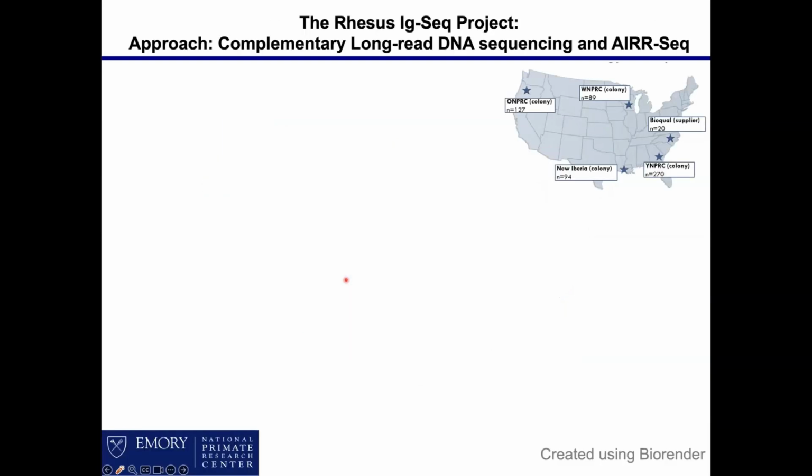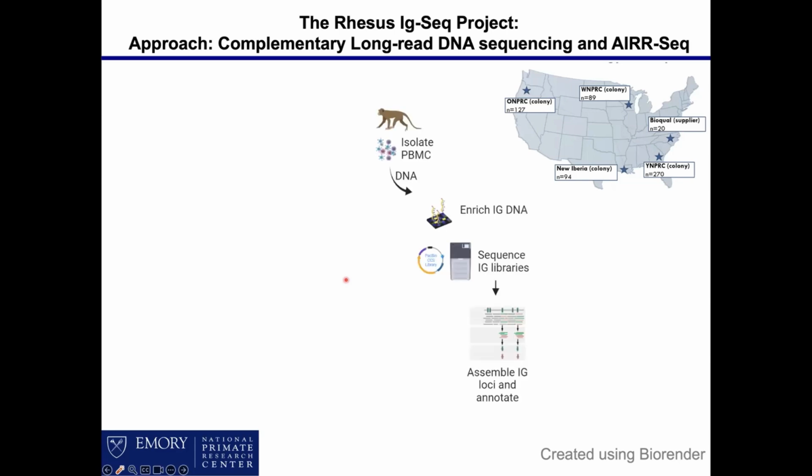All right, so I've talked about the technical challenges trying to get a high confidence resource with these very challenging genetic and RNA sequences. And so in our initial plan that we put in for our grant to do this work, we proposed that we were going to do long-read targeted long-read sequencing of captured immunoglobulin sequences.